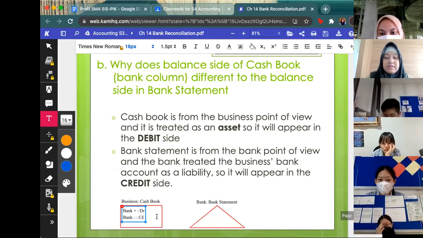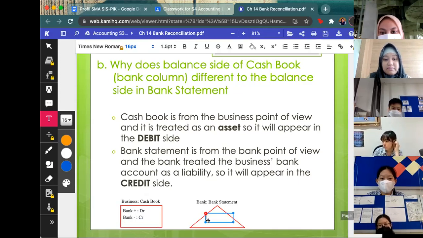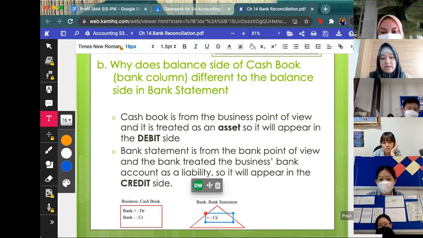So if you have a positive amount in the bank, it will be shown on the debit side. If it shows an overdraft, it will be shown on the credit side. Meanwhile, in the bank statement, money in will be recorded in credit, and money out will be recorded in debit.